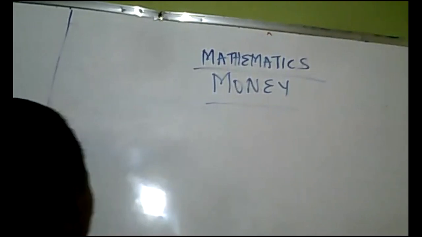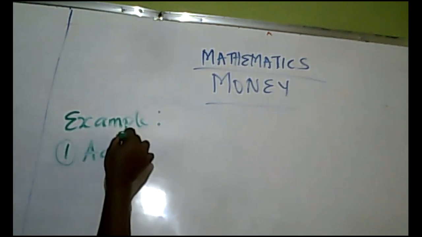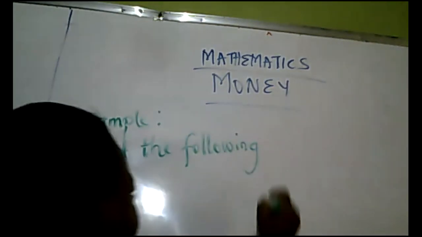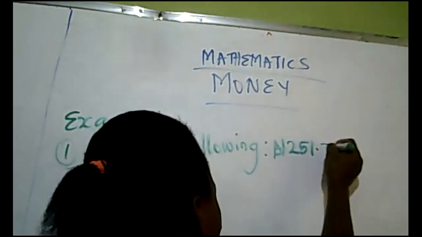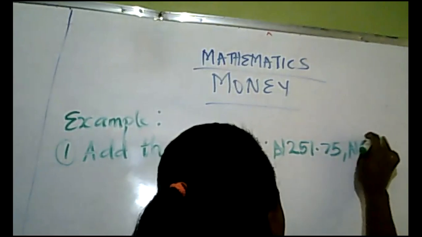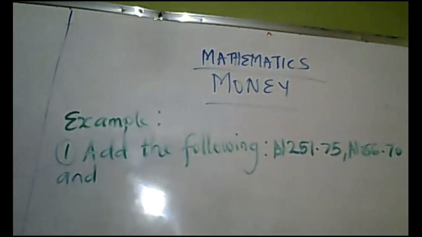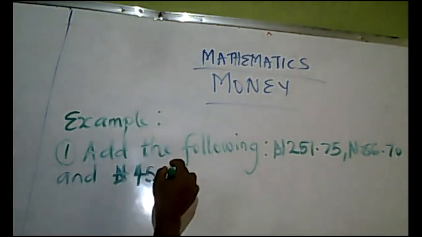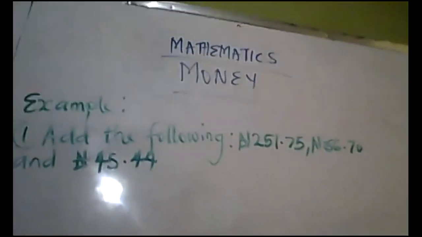Example: add the following: 251 naira 75 kobo, 66 naira 70 kobo, and 45 naira 44 kobo. You can as well use this method.